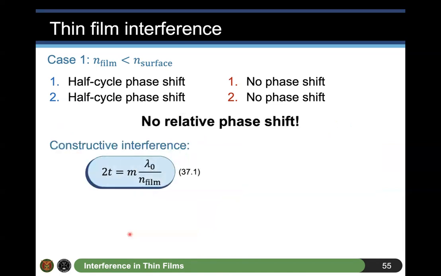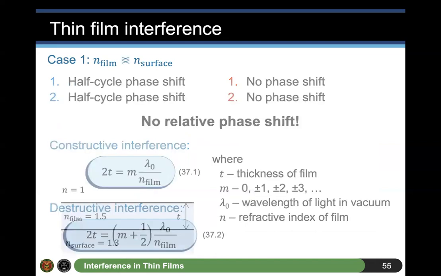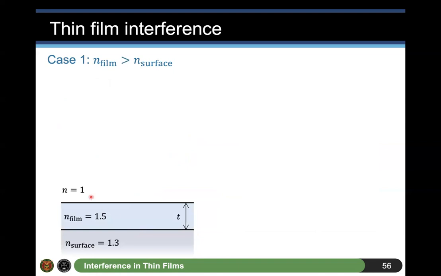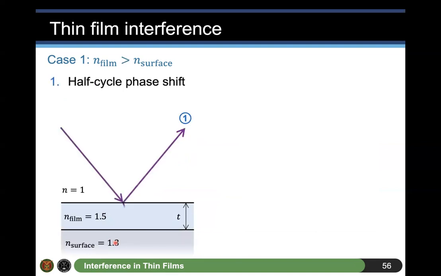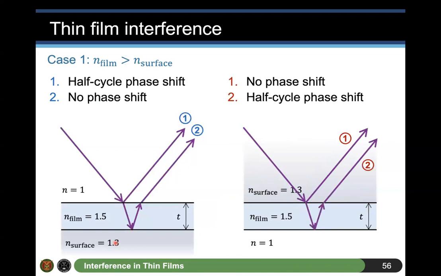For that, this is what you will use. Now, when it changes, when it's like this, you have 1, suddenly it goes up, then down, or the reverse, goes down, then suddenly up. Okay? We have a half cycle phase shift as the relative phase shift. Okay? So, in this interface, NA is less than NB, so that's a half cycle. At this interface, NB is greater than NA. So, here, no phase shift in line 2.